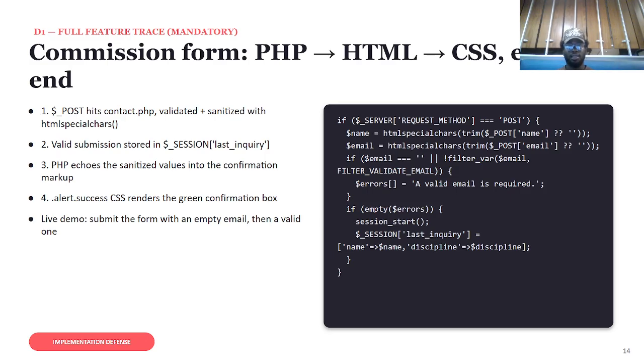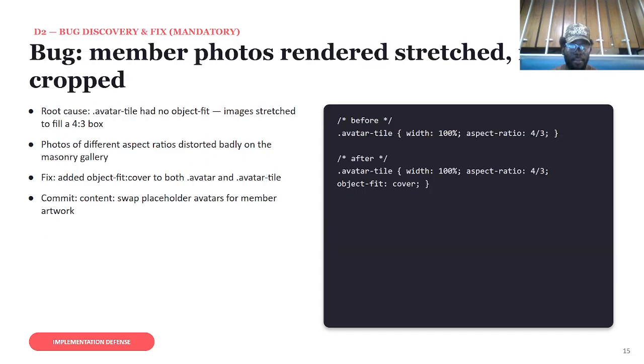The second layer, HTML: further down the same file, an if-submitted block echoes those sanitized variables directly into a confirmation paragraph. And then the third layer, CSS: that paragraph sits inside a div with class alert and success, which the style CSS renders as a green-tinted box with bold text, as you saw in the video.